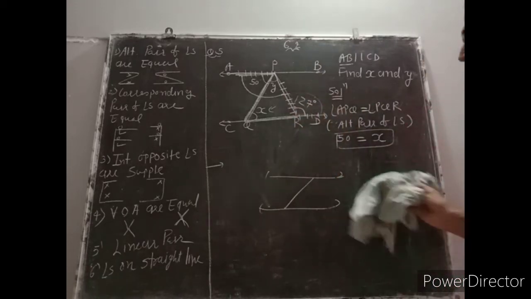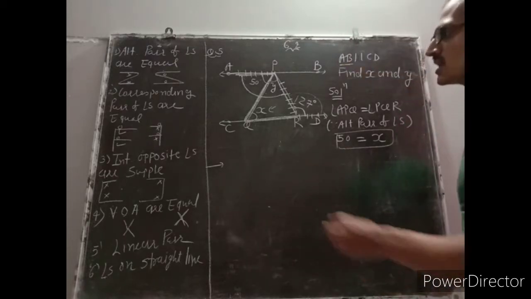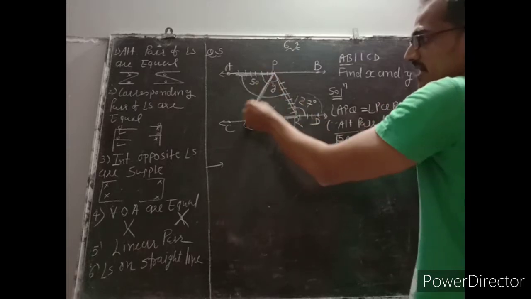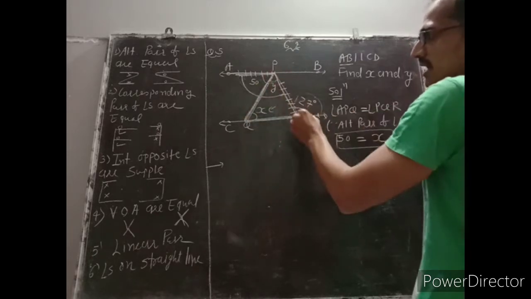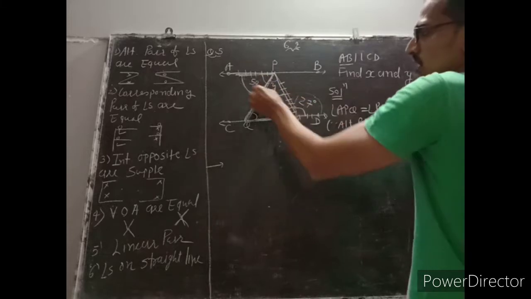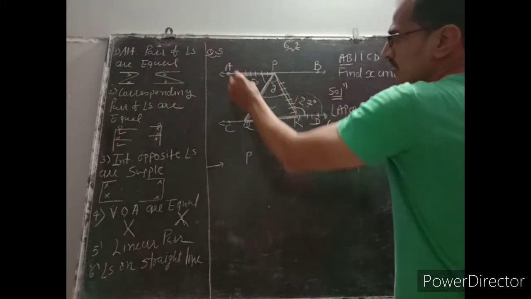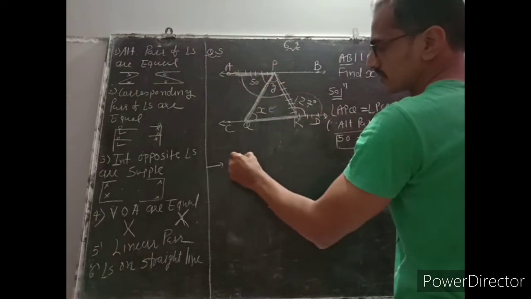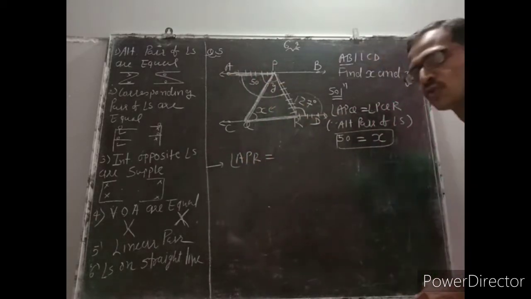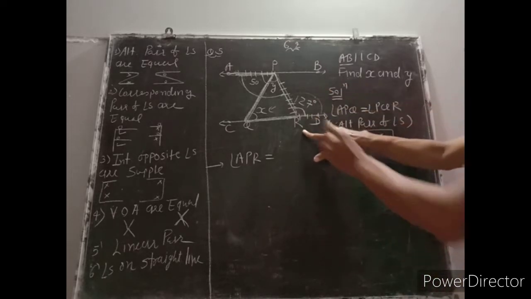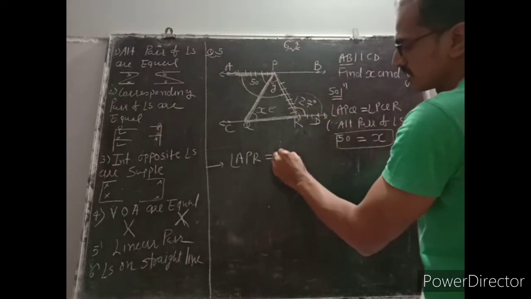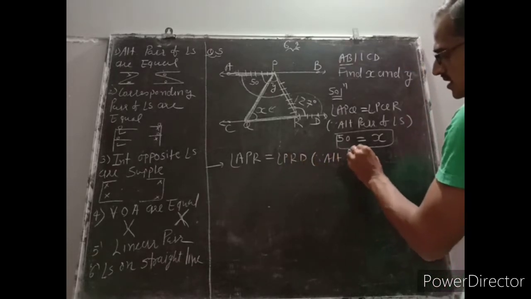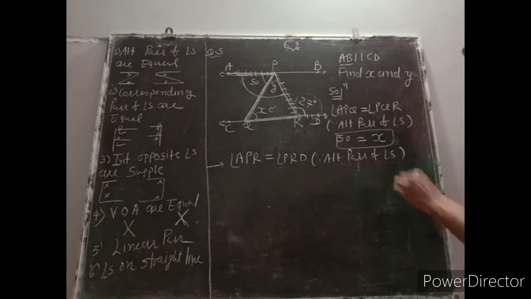Okay, so let us write the name of this angle, this whole angle I am talking about, because the angle should be on the transversal line. Our transversal line now is PR, so the angle should be on this line. This whole angle at P is the first angle, APR, equal to the second one, the angle formed at R, PRD. Again the reason will be alternate pair of angles.